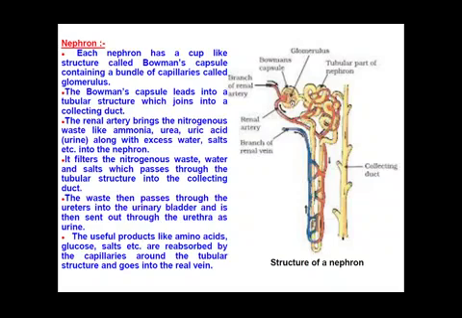Now the nephron filters the nitrogenous waste, the water and salt, which move into the tubular structure, and then this water and salt is passed into the collecting duct. The waste then moves from the collecting duct through the ureters into the urinary bladder, and is sent out through the urethra as urine.